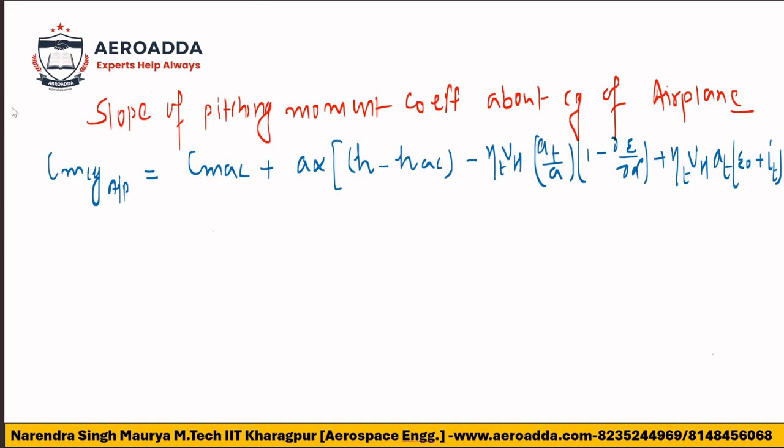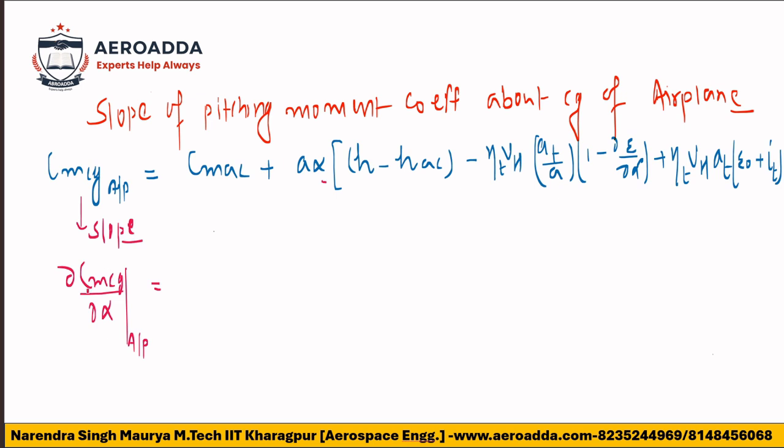Now I just want the slope here. If you are writing the slope for the pitching moment, what you will do? Simply you will take the first derivative with respect to CL or alpha. Because you have written the formula in terms of alpha, better you differentiate with respect to alpha only. So please check it now: dCMCG of the airplane with respect to alpha. What value are you going to write here?